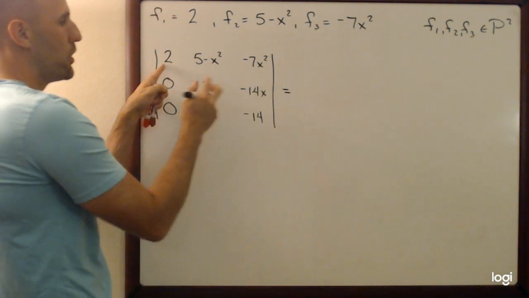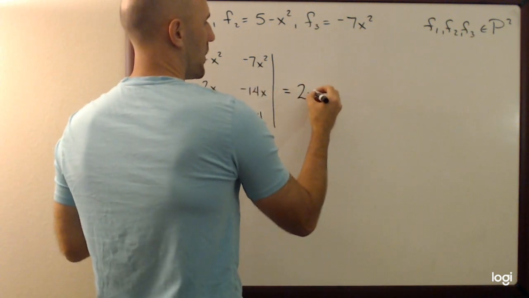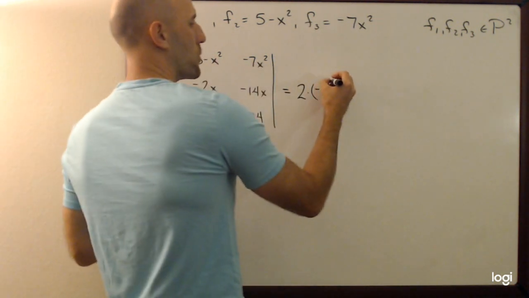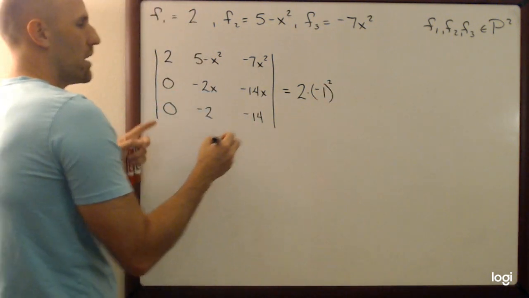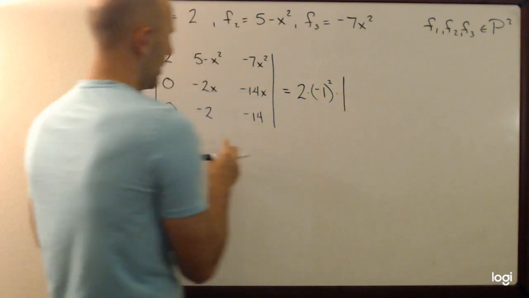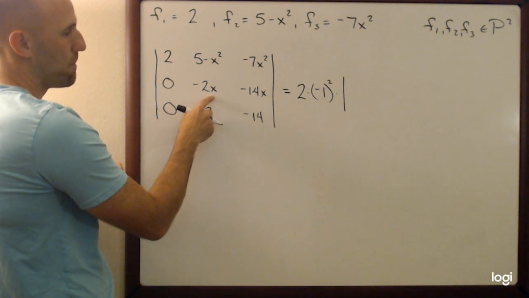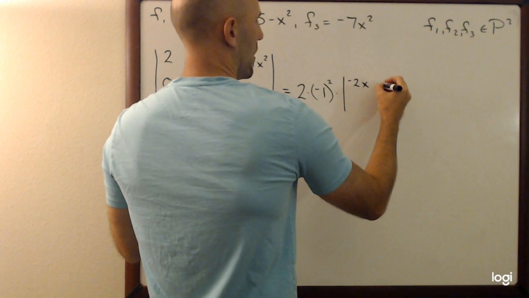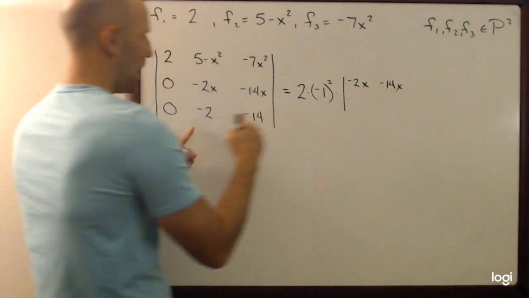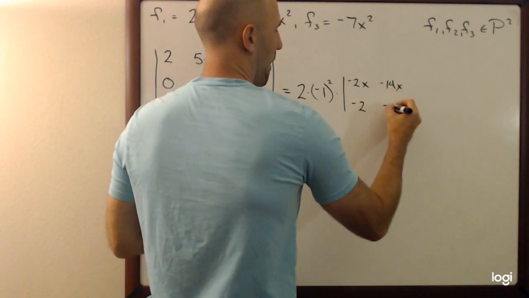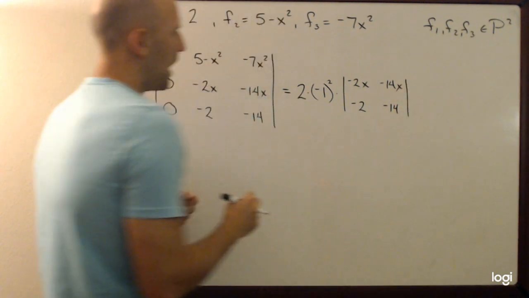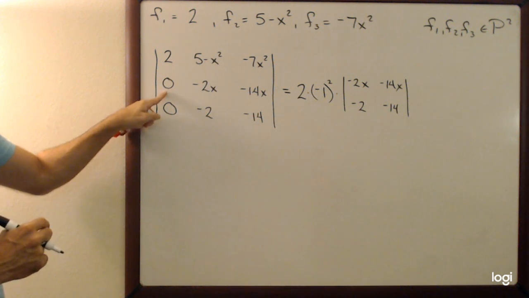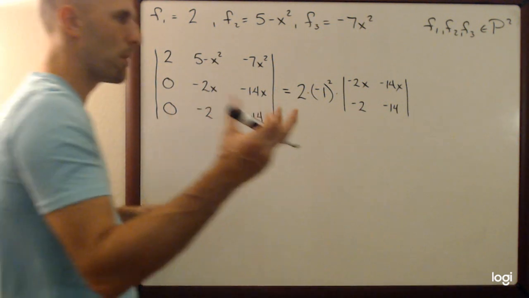All right, so I've got 2 times negative 1, that's the 1,1 entry, so that's 1 plus 1, the second power, times the cofactor, times the minor here. All right, so I've got negative 2x, negative 14x, negative 2 and negative 14. Okay, and I could keep expanding this, but notice that the matrix entries for A21 and A31 are both zeros, right?